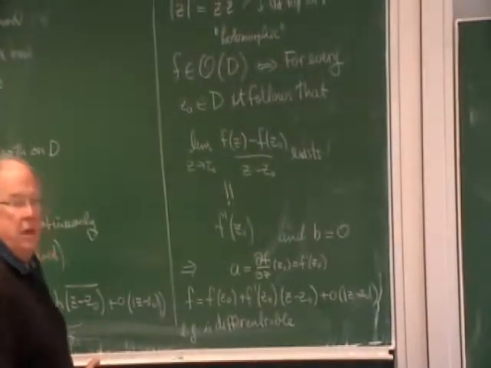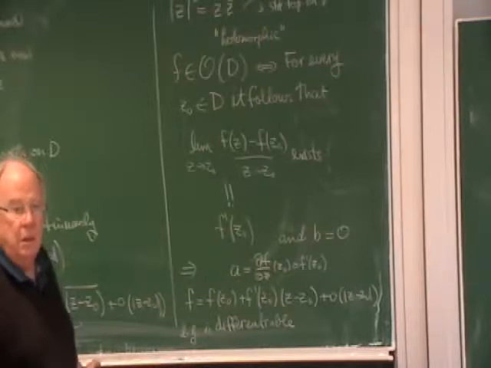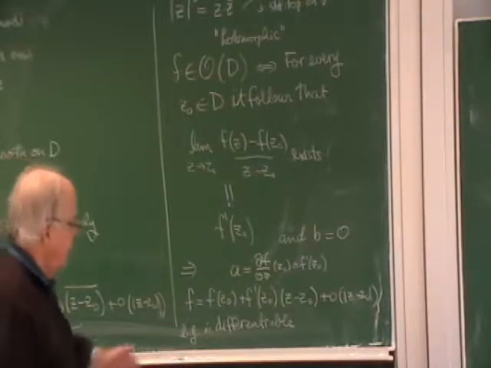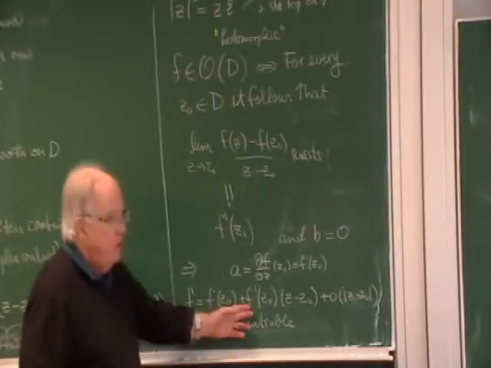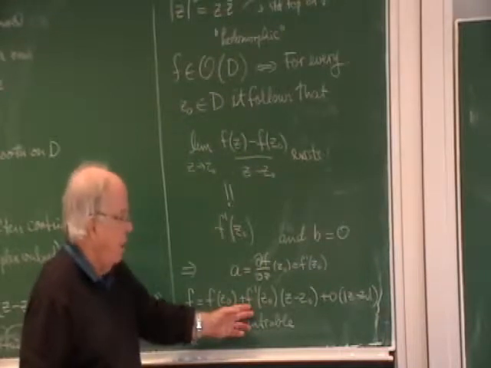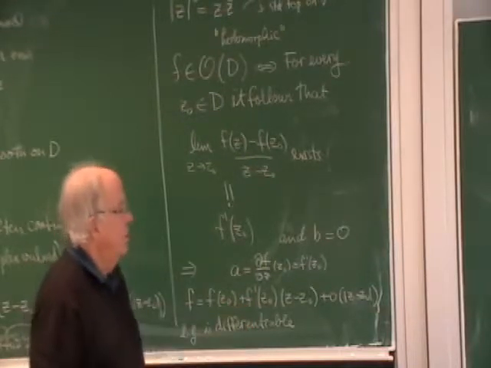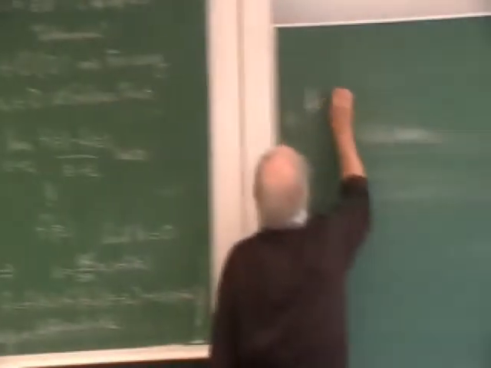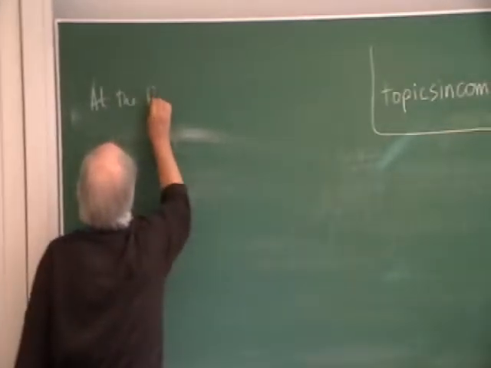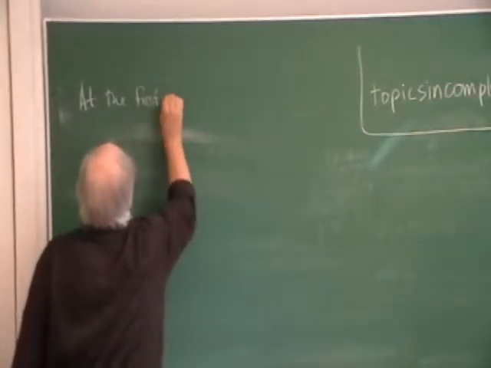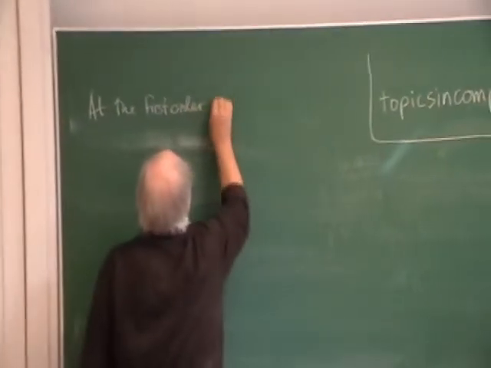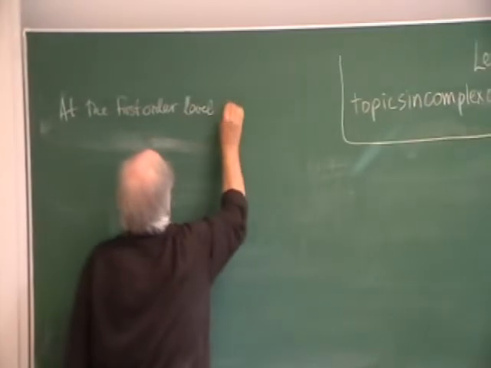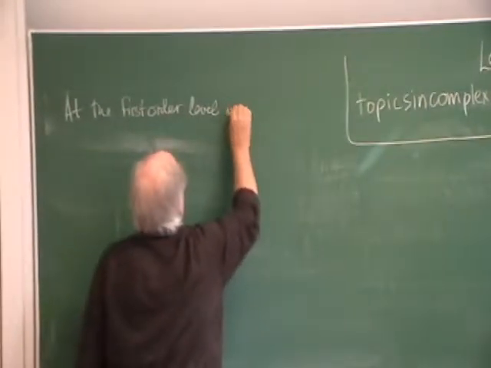So it's a special kind of differentiability. At least at the infinitesimal level, you see no variable z bar. So at the first order level, we have no z bar.